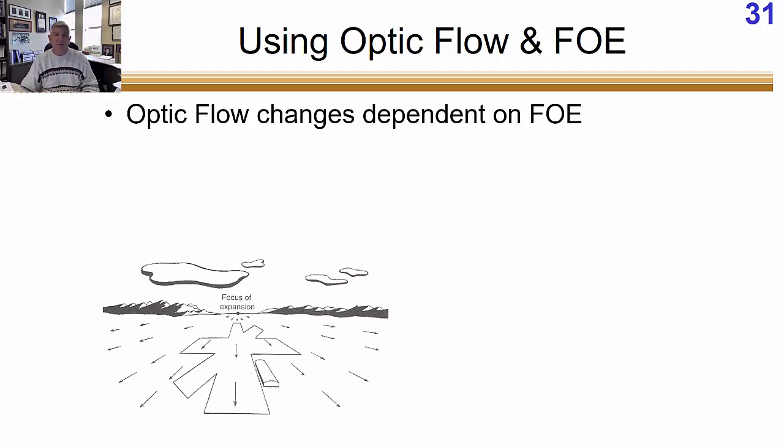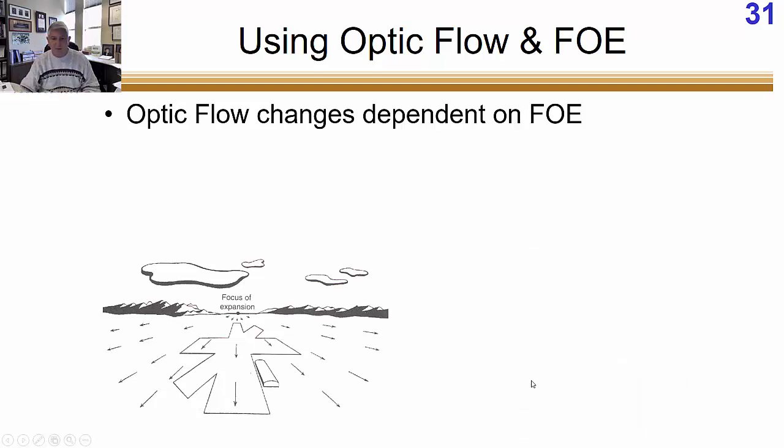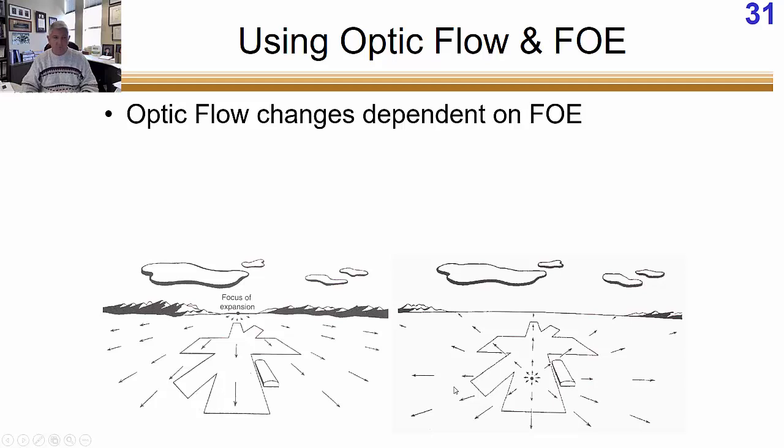So if a pilot is approaching a runway and his focus of expansion is the horizon, then everything's moving in the same direction towards him. However, if he's staring at the front of the runway, right, then the focus of expansion is here. Everything seems to be moving outward from this spot as he gets closer and closer to this spot, right?